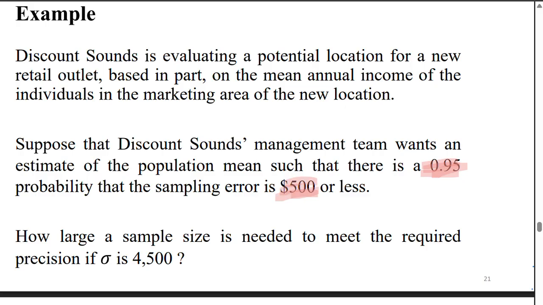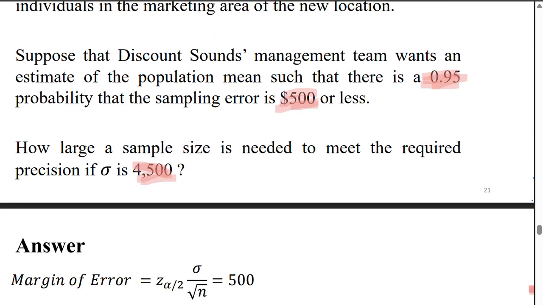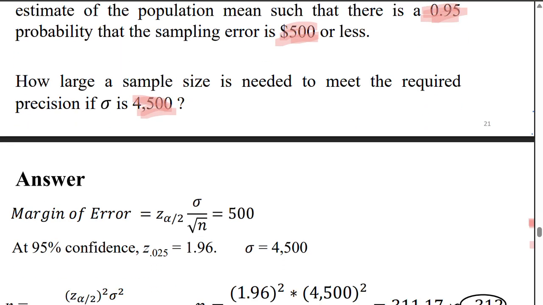How large should the sample size be to meet the required precision if the standard deviation of the population is equal to 4,500? And so here, what we are looking at is determining the sample size if we have a value of our margin of error.